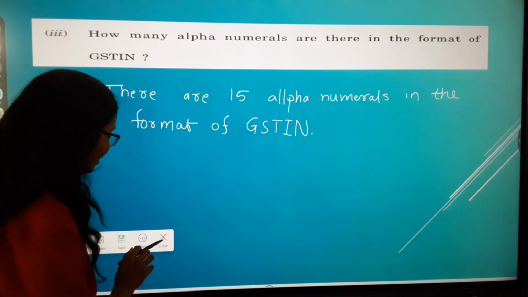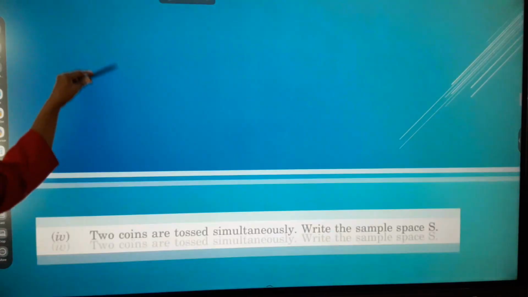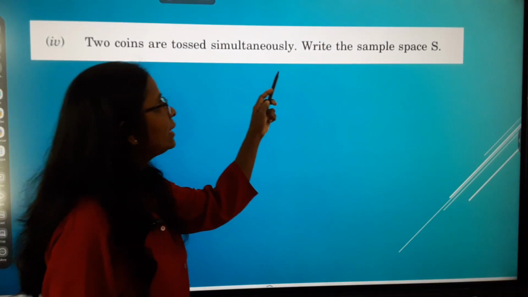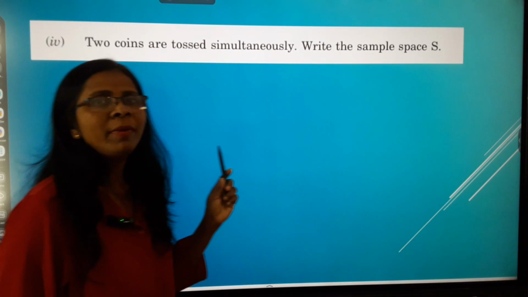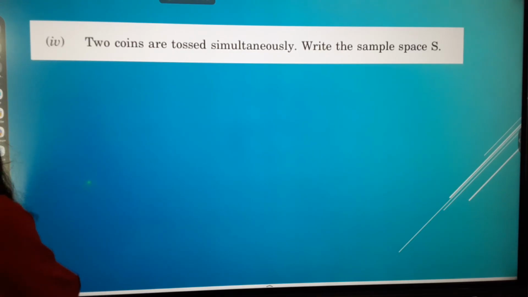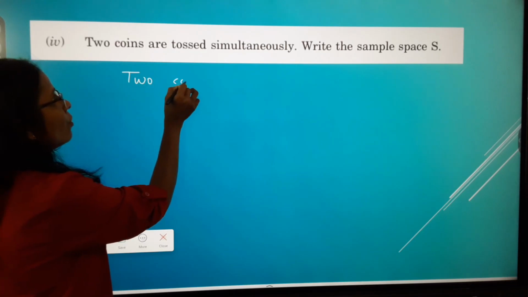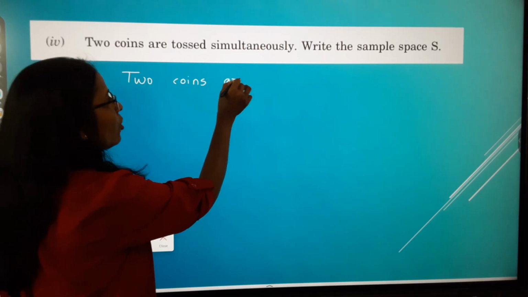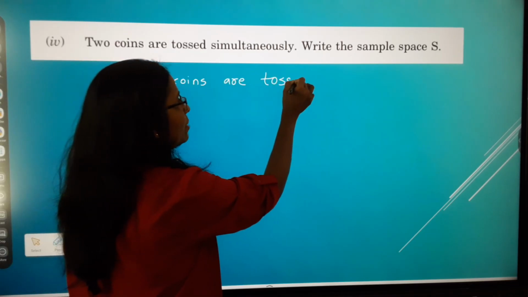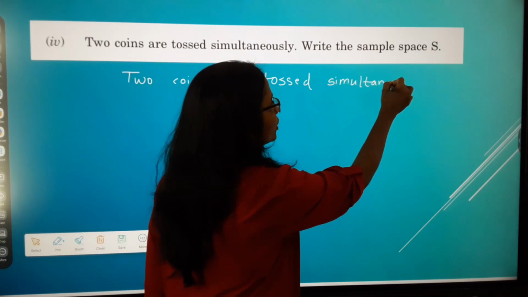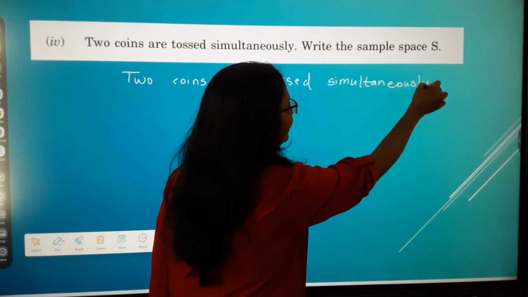Okay. Then next one students, fourth one. Two coins are tossed simultaneously. Write the sample space. Yes. Okay, so now here we write that two coins are tossed simultaneously. This question also comes frequently, students.